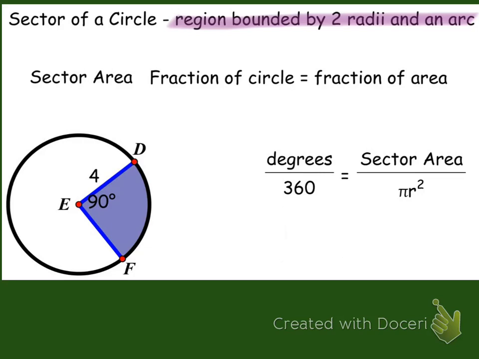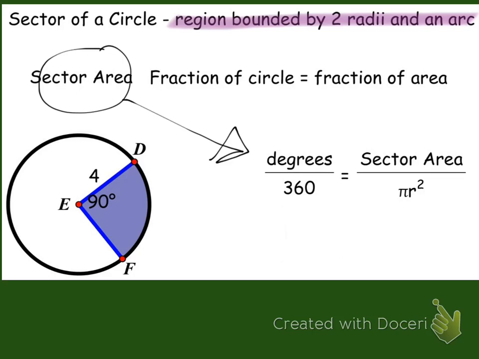So again, sector area, okay, so that's the definition of a sector. Sector area is everything in here, right? That's actually calculating that. It's a fraction of the area of a circle. So this is where your pi r squared comes into play. Because if you look here at our proportion for sector area, it's very similar to finding our arc length.